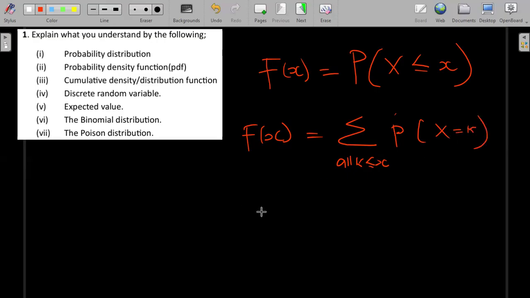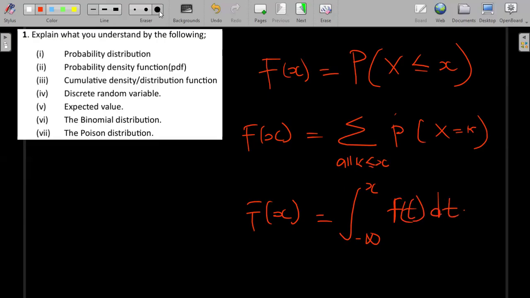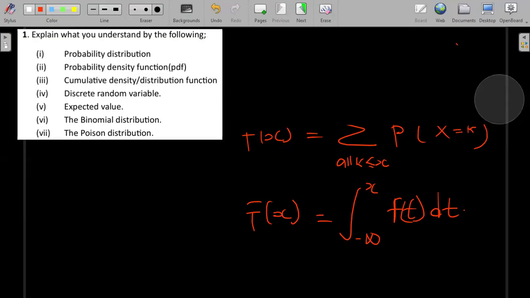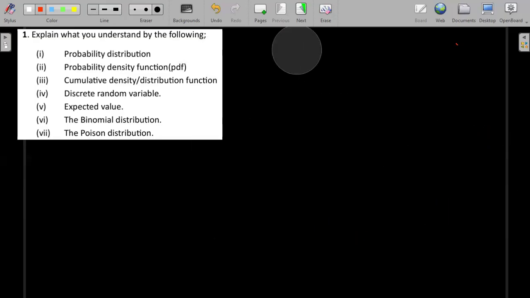And then for continuous random variables, this F of x is given as the integral from minus infinity all the way up to x of f of t dt. So these will start making sense when you start solving questions. For now, they're just definitions. All right, so that's what the cumulative density function is.